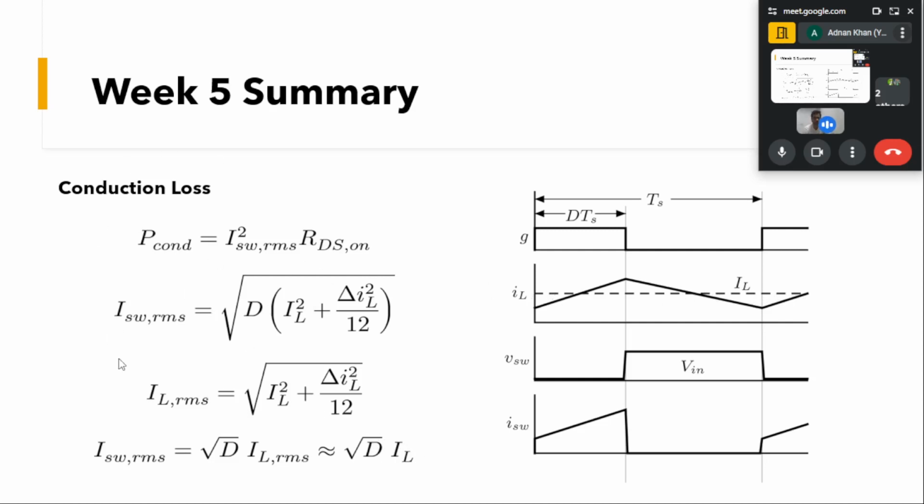In this way we can calculate the RMS conduction losses for a particular device. If there are n devices in the topology, we calculate the RMS of each device current, look up the RDS on for that device, calculate the conduction loss through every device, and then add up the total conduction losses through the devices.